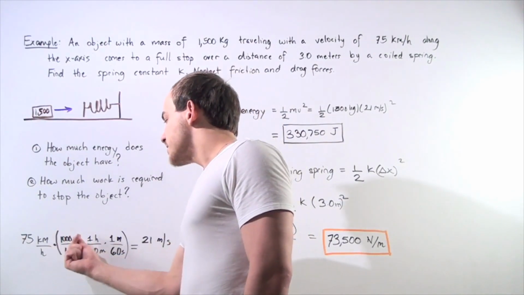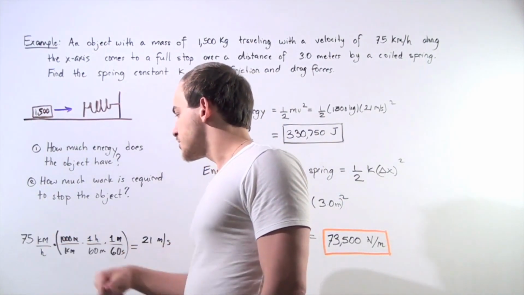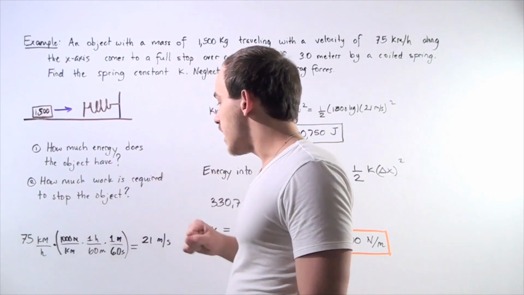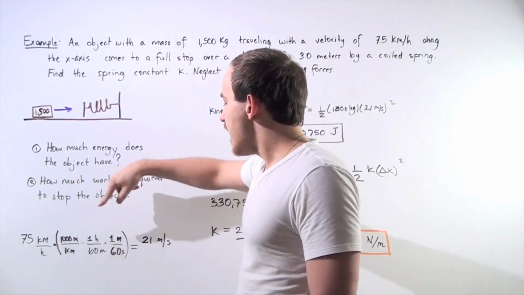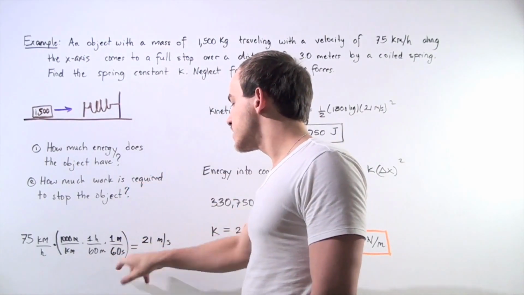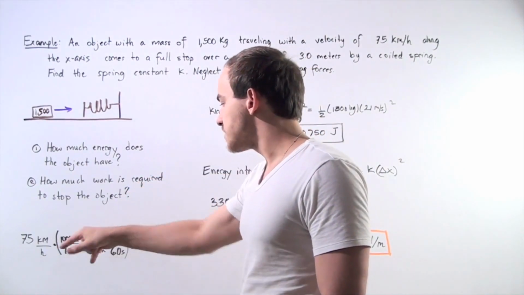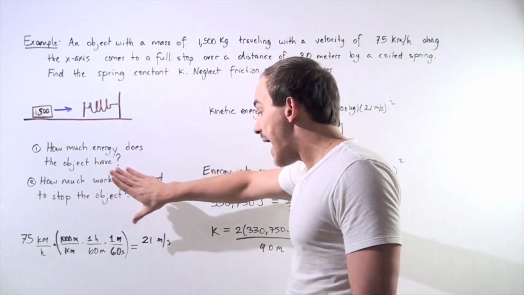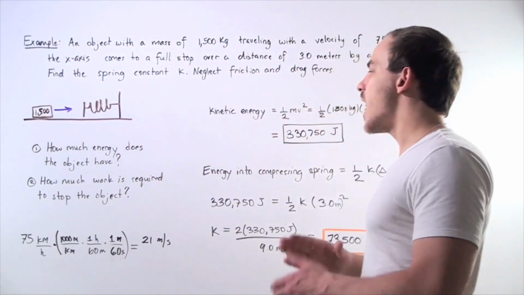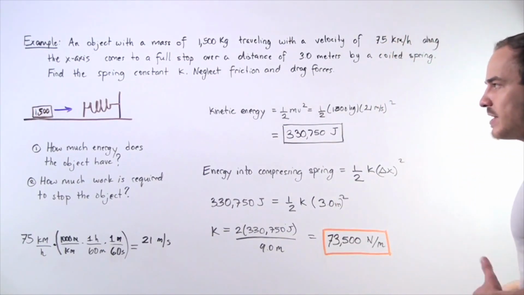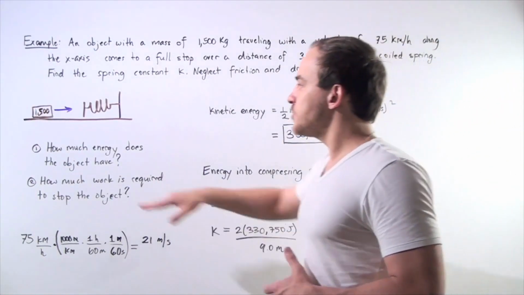There are 1,000 meters in a kilometer, so kilometers cancel and meters are left on top. Then we multiply by 1 hour divided by 60 minutes and 1 minute divided by 60 seconds. Meters cancel, hours cancel, and we're left with about 21 meters per second as the initial velocity of the object.